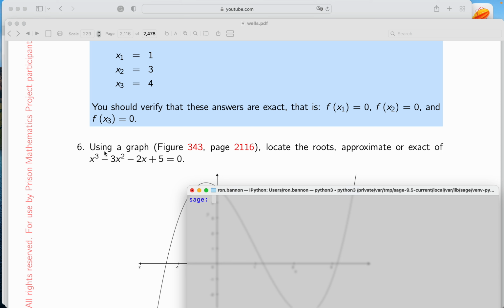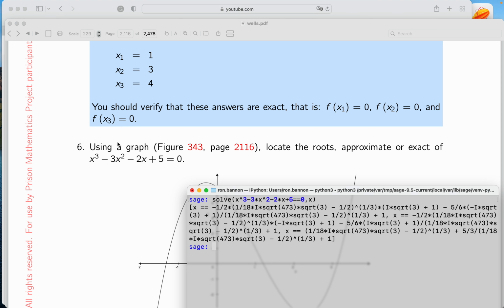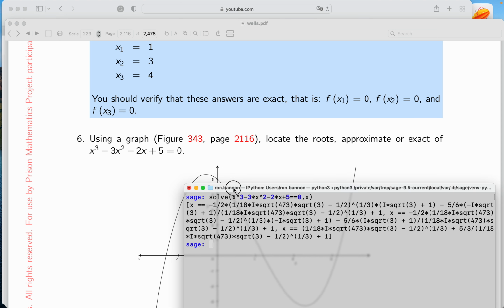So let's type in solve, and that's going to be x cubed minus 3 x squared minus 2x plus 5 equals 0, and we're solving for x. Let's see what happens. And again, you might be horribly confused by that. And yeah, for most people it is horribly confusing.